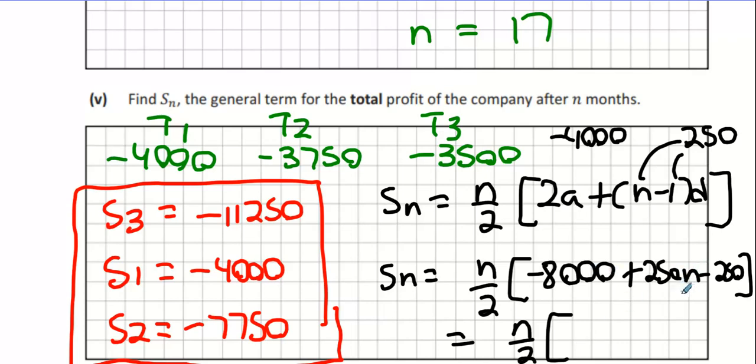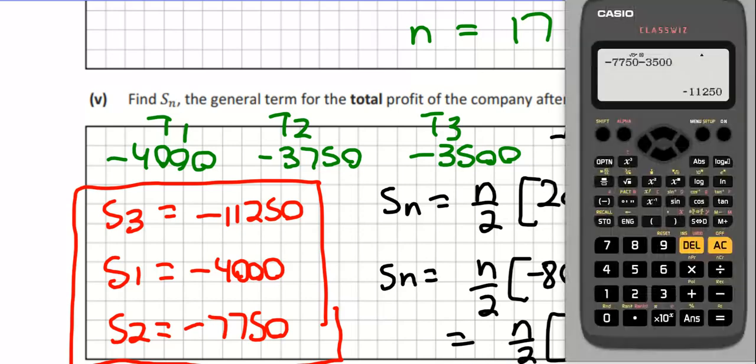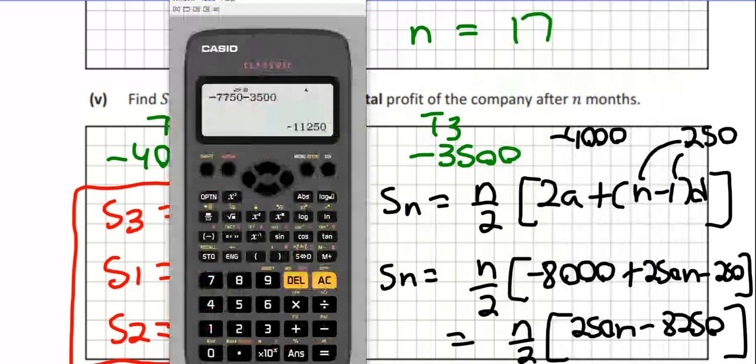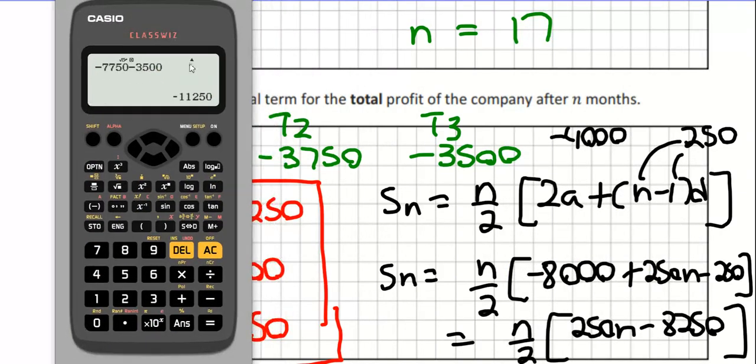So I can do 250n minus 8,250. Now there's this magical function called the table function, okay? I can quickly use the table function to verify if my formula is correct or not. You looking? I go to menu, table, and what formula do I put in? Instead of n, I'm going to use x, and I'm going to lob in all this here, okay?